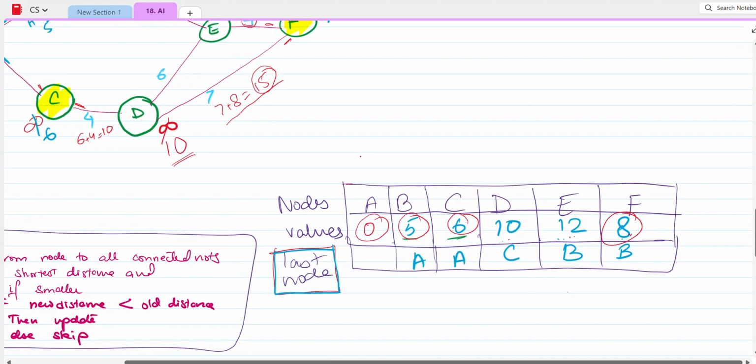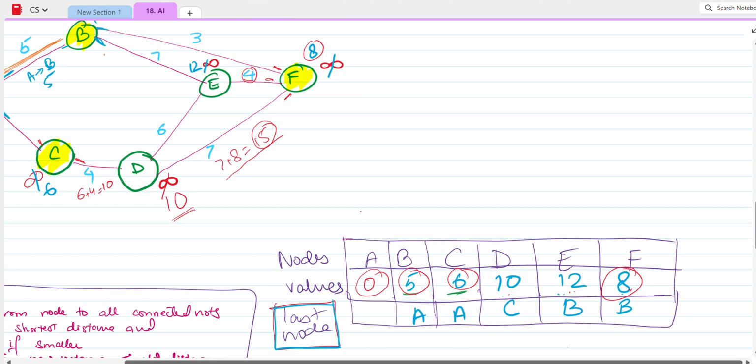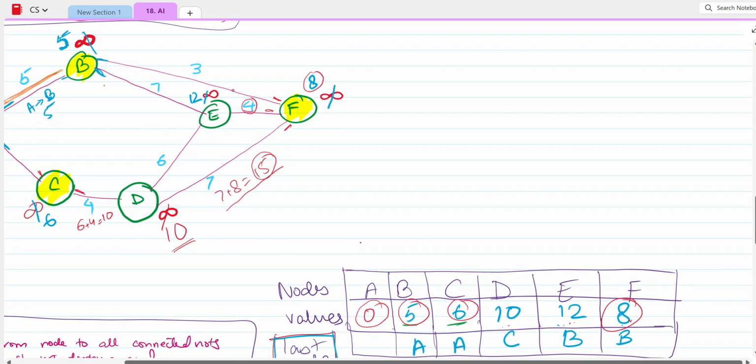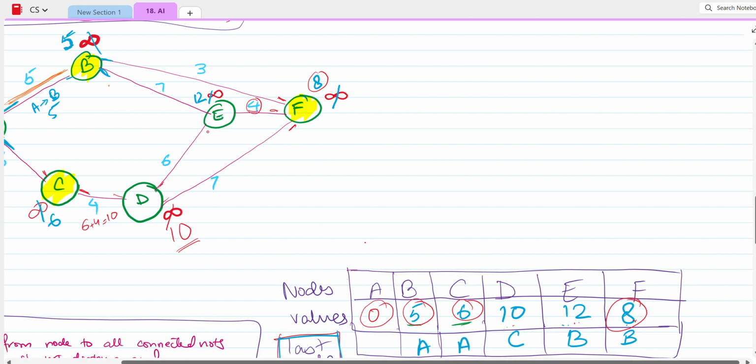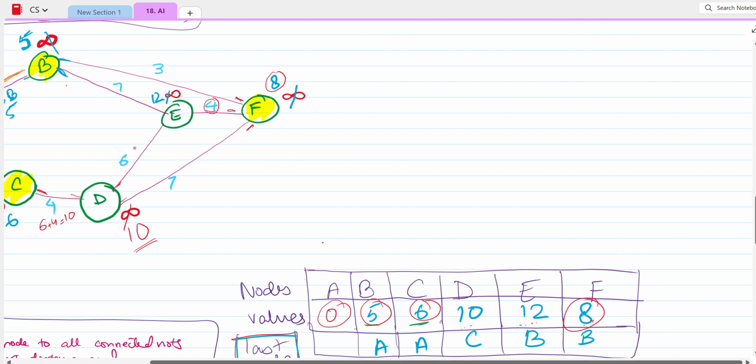Now left are D and E. Out of these, D has the smallest value, so let's look at that. D has connected nodes E and F. Out of the unprocessed nodes we have E, so 10 plus 6 is 16. Going from D to E is 16.